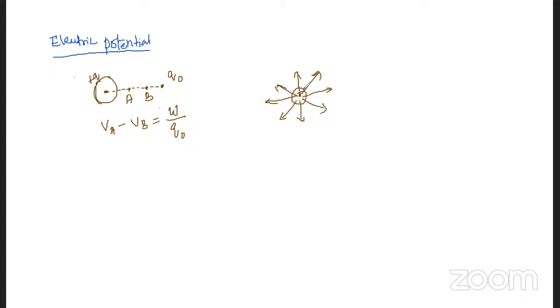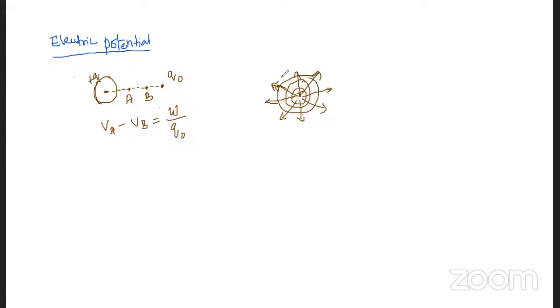The lines of force at every point of the equipotential surface are perpendicular to the surface, as shown in the figure. In all directions, they are normal to that point.